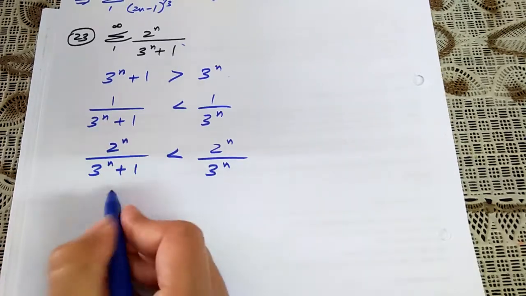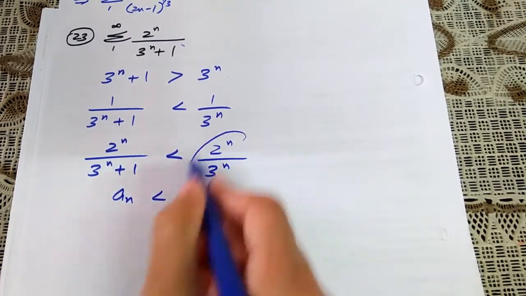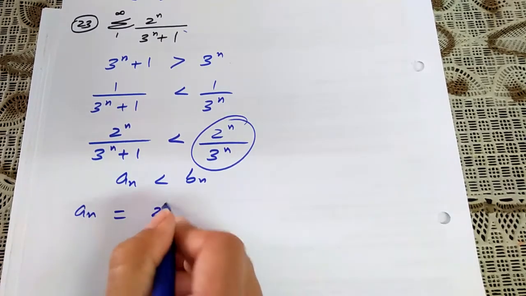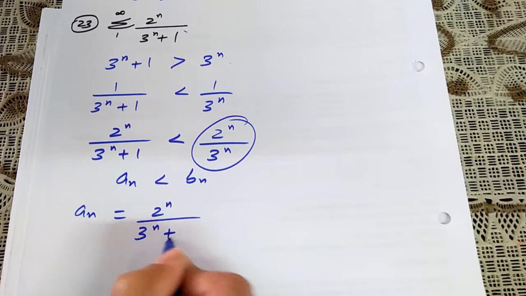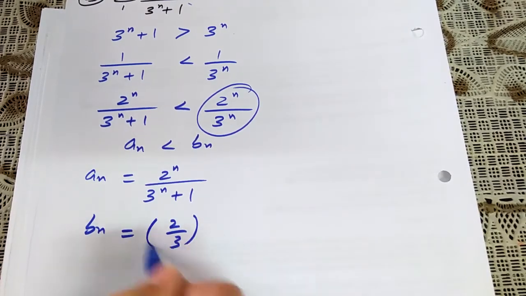So you observe that your an is less than bn here. And this one is your bn term. So an is equal to 2 raised to power n over 3 raised to power n plus 1, and bn here is 2 raised to power n over 3 raised to power n.